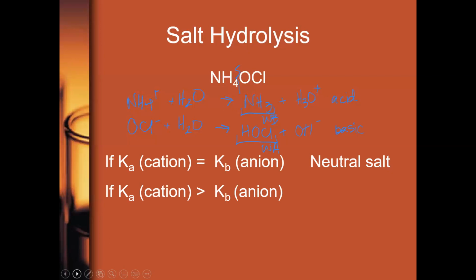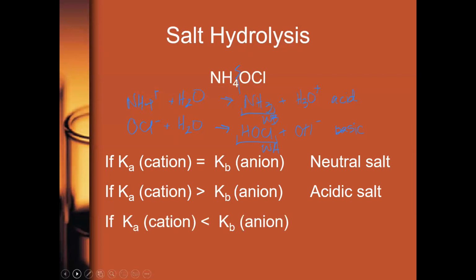If Ka is greater than Kb, the acid wins, so it would be an acidic salt. If Ka is less than Kb, the base is stronger and it will be a basic salt. So we have to know the Ka and Kb values of these two to be able to compare them.